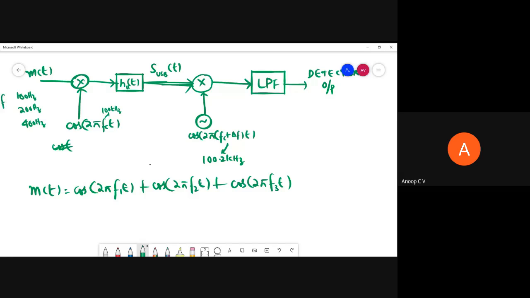So f1 is 100 hertz, f2 is 200 hertz, f3 is 400 hertz. So this will be cos 2 pi times 100t plus cos 2 pi times 200t plus cos 2 pi times 400t.